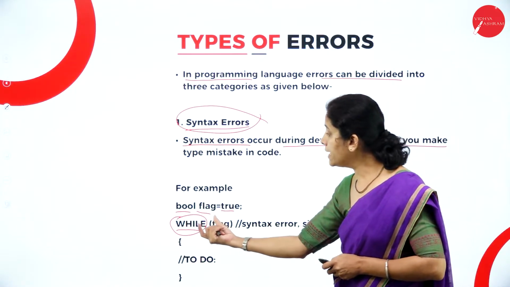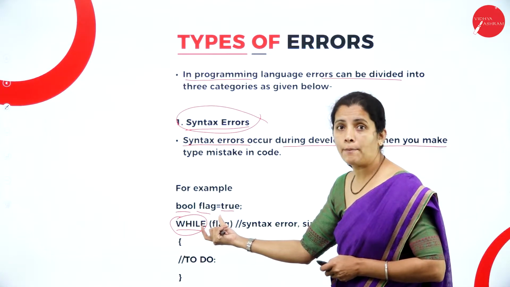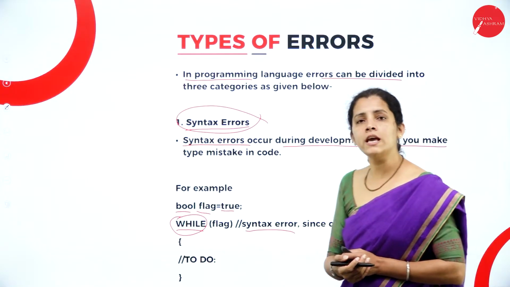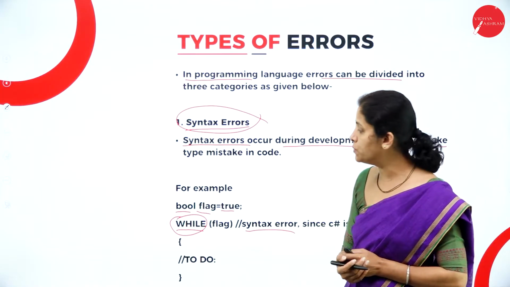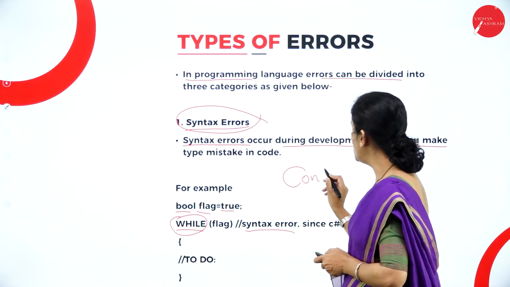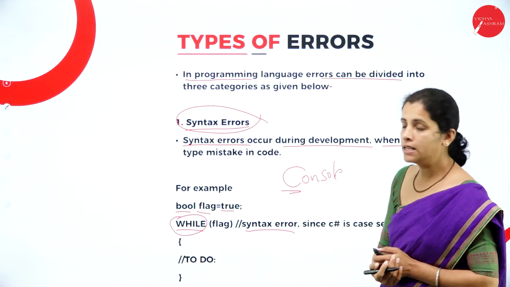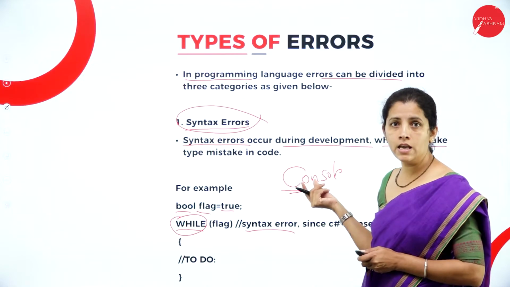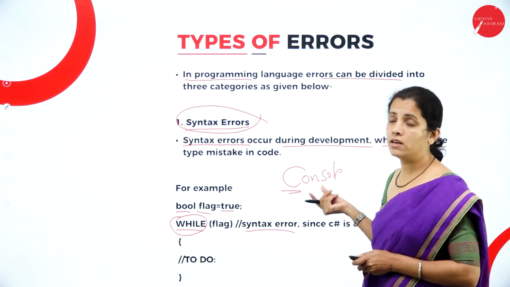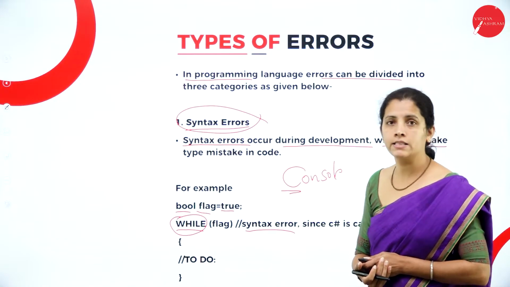See, all the letters of my while keyword are in capital letters. Now this is a syntax error because C# is case sensitive, and even while writing Console, I want to use capital letter C. Instead of writing capital letter C, if I write small letter c, once again I'm going to get errors, and these kinds of errors come under syntax error.